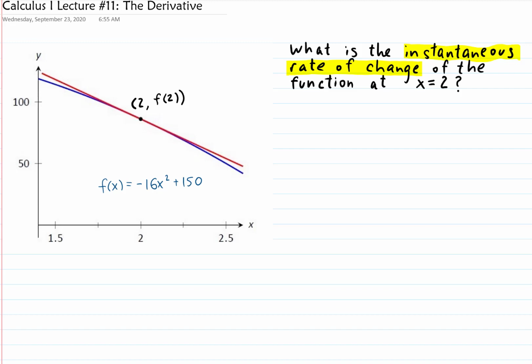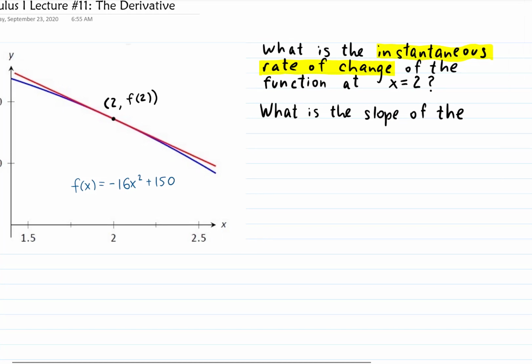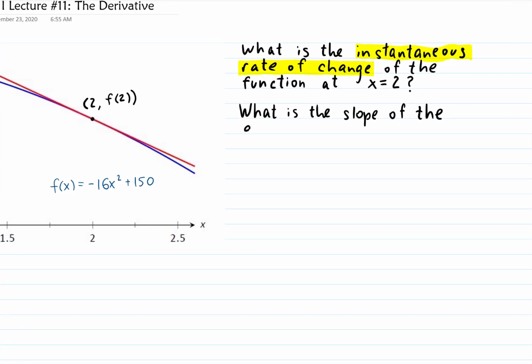Okay, so I'm just going to reword the question this way. What is the slope of the graph at the point 2, f of 2?